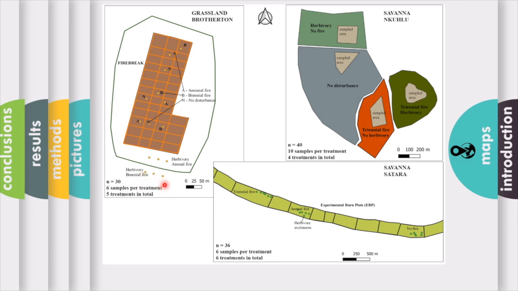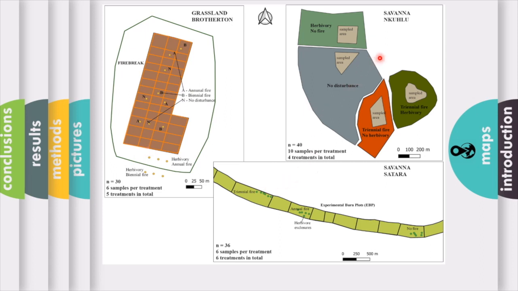For example, herbivores and biennial fire outside in the park, and then within that fire break you have herbivores and annual fire, and then within the trial you get different fire treatments without herbivores: annual fire, biennial fire, or no disturbance.